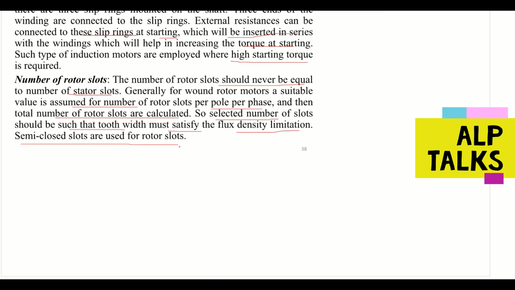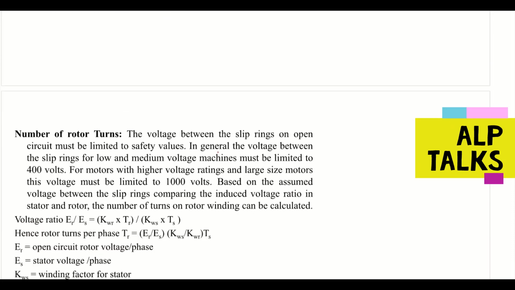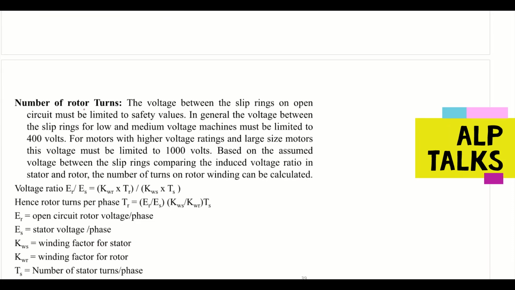Semi-closed slots are used for rotor slots, similar to the earlier case. So, number of rotor turns. The voltage between slip rings on open circuit must be limited to safe values. In general, the voltage between slip rings for low and medium voltage machines must be limited to 400 volts. For motors with higher voltage ratings and large size, this voltage must be limited to 1000 volts.